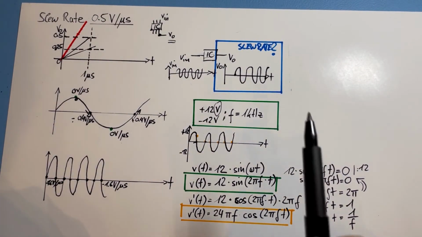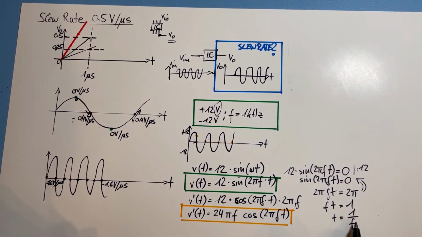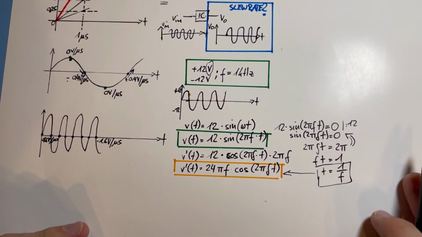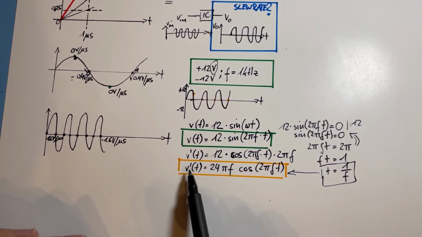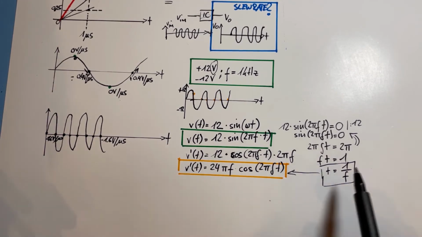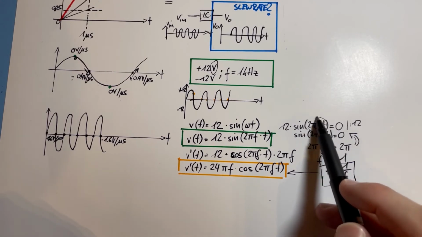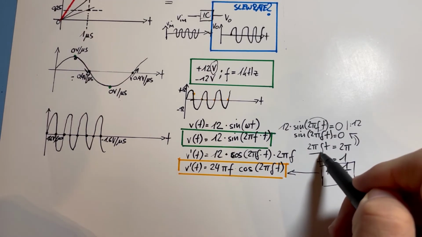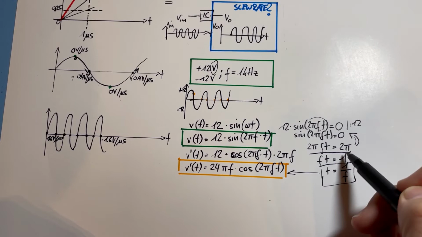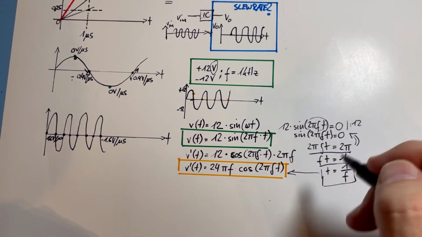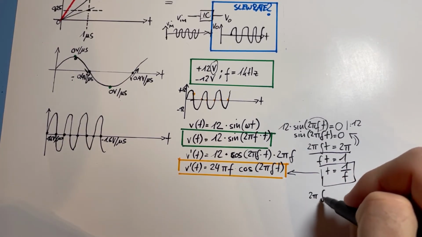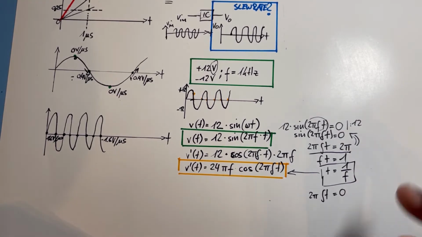And then all we had to do is take this t equals 1 over f and put it into that formula, and then we would be done. We would know the slope. But even easier, I think, is to assume that this inner thing here is 0. So instead of going for 2 pi, we can go for the whole thing, 2 pi ft equals 0.